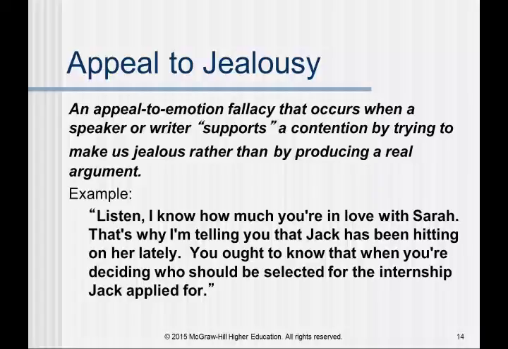I'm jealous of Jack because he's hitting on Sarah, and I'm afraid Sarah might give Jack her affections. And so, because I have this rival, they're going to advocate that I go back after them and not give them the job as a form of retaliation. Then it's jealousy.